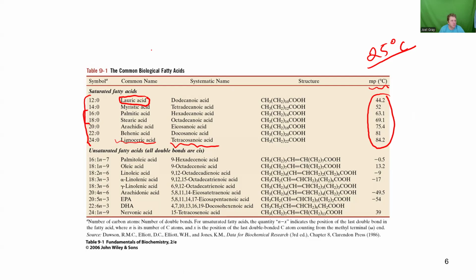Well, if lauric acid is at 25 degrees Celsius, that means the temperature that it's at is below the melting point. A parallel you could draw is that's like saying you've got an ice cube at, I'll say, negative 15 degrees Celsius.